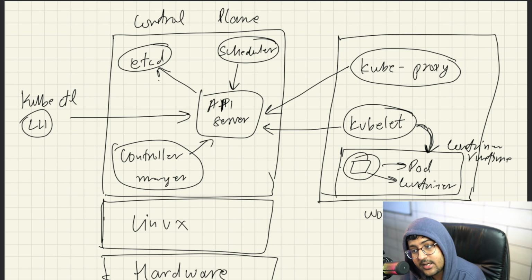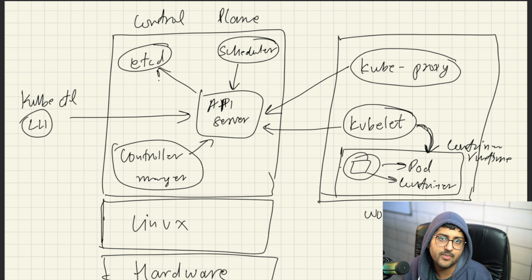So the Docker thing has been replaced with containerd, which is also a CNCF project. Why? Because Docker does not support CRI, the container runtime interface, which I already talked about. It's an interface so that you can use various container runtimes, and containerd supports it. So that's why it's being used.